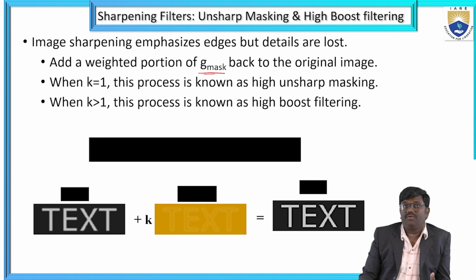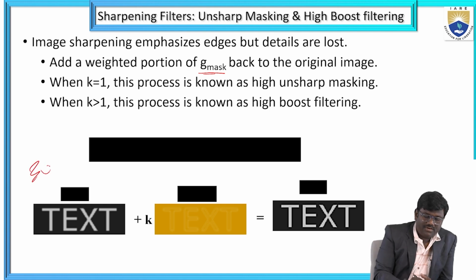Then we compare: unsharp masking is when the value of k is 1. This process is known as high boost filtering when k is greater than 1. See that example here with the k value.